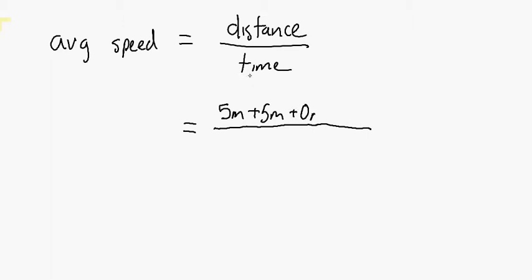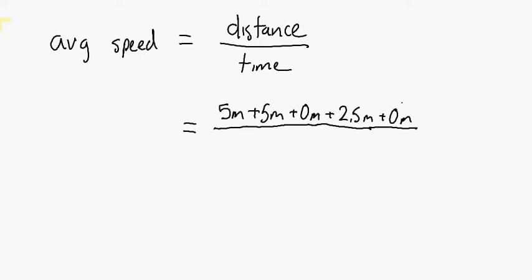Since that's half the distance, instead of 5 meters, it'll be 2.5 meters. And once again, we'll tack on another 0 meters for the time when I am just standing still. So altogether, that takes care of our distances. And again, we will divide by our time, which we showed was a total of 28 seconds.